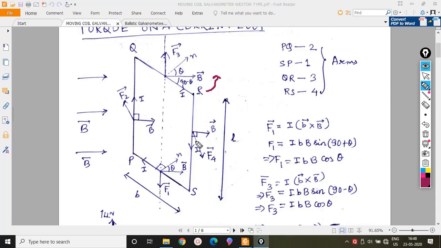This frame is capable of rotation about this dotted axis, and F3 will be directed upwards.